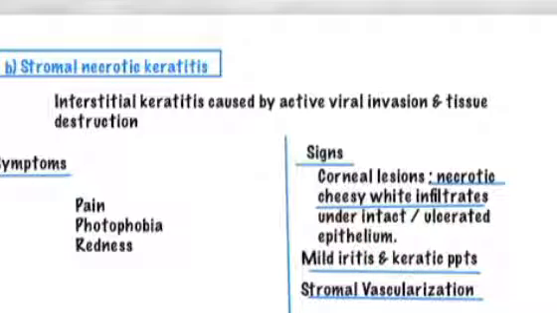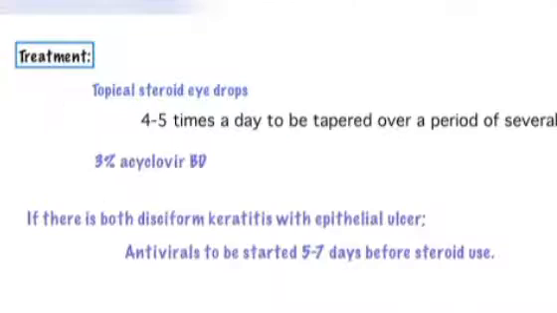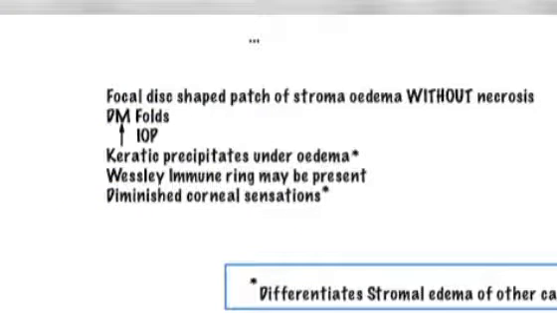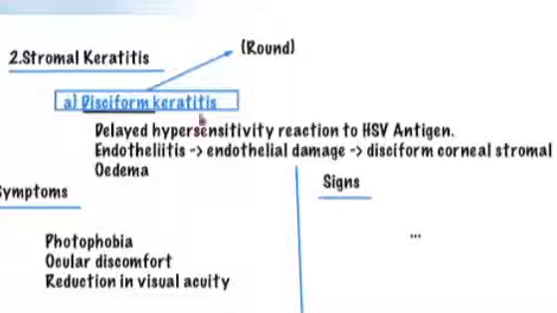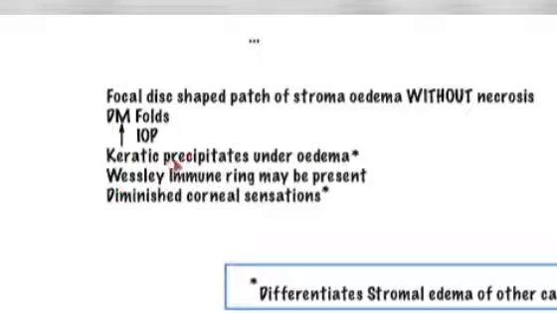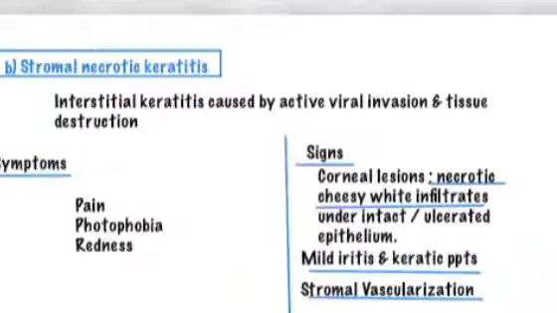Keratic precipitates are not only seen in deciform keratitis, but also in stromal necrotic keratitis. So you can add keratic precipitates as a sign in both the topics which come under stromal keratitis.